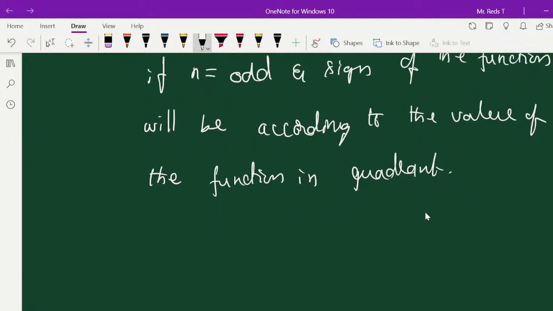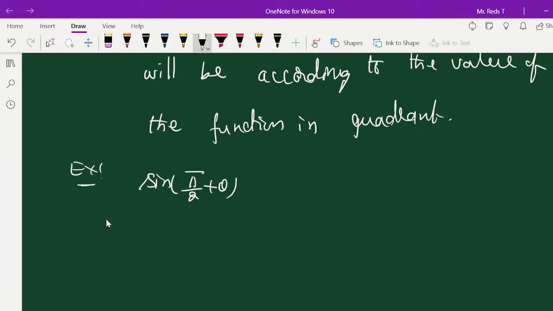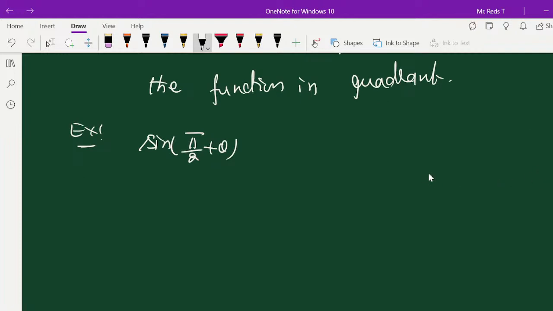For example, let us see sine(pi by 2 plus theta). Again you can draw 0, pi by 2, pi, 3 pi by 2, 2 pi. Here n is odd, in the n pi by 2 place if you keep 1, then pi by 2 plus theta.